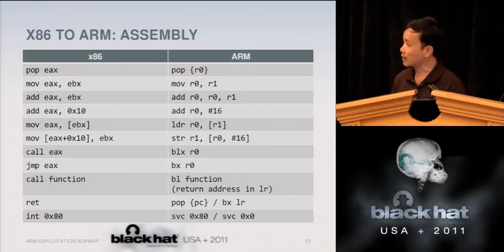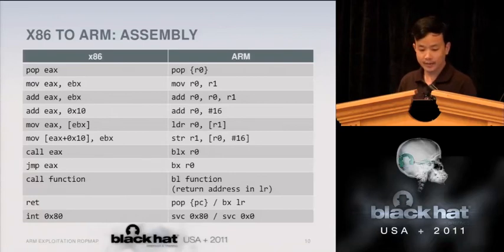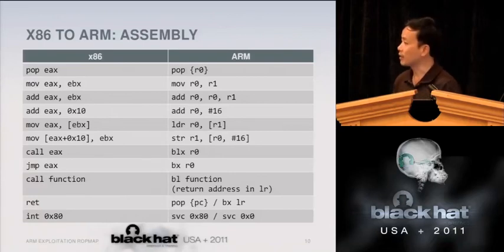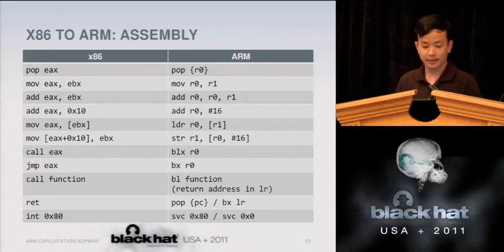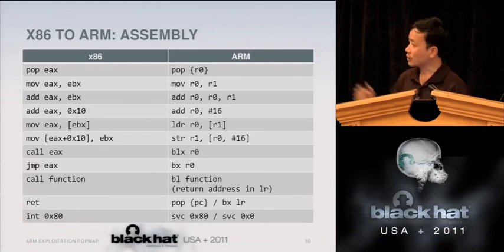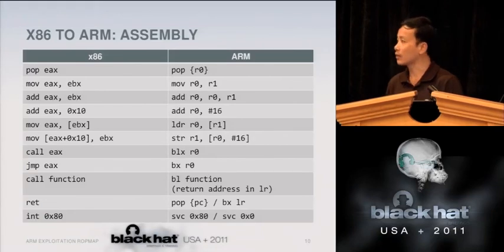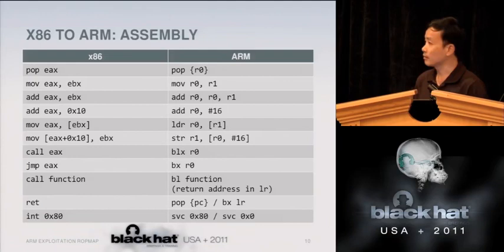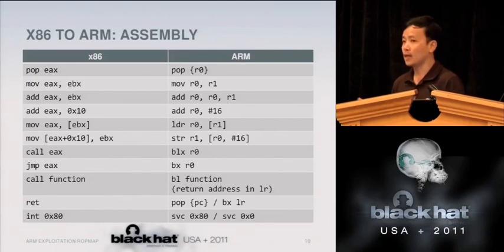For indirect call and jump, the instructions are BLX or BX correspondingly. For returning from a function call, in ARM it's pop PC, or BX LR, which just jumps to the link register, or you can even do move PC with a value directly.